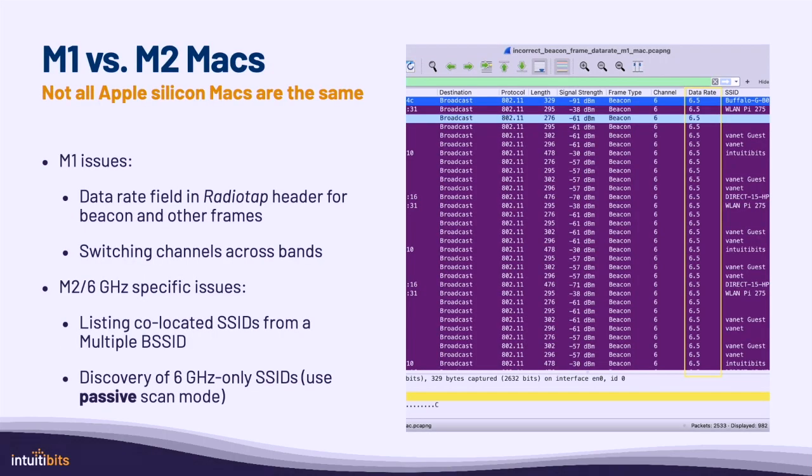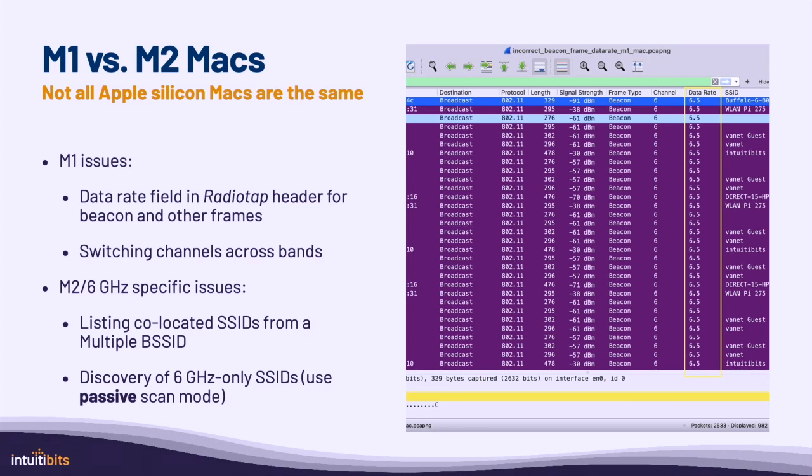Another thing I wanted to mention is that with the first generation of Apple Silicon Macs, there was a bunch of issues in terms of scanning and capturing. Like, for example, data rates in the radio tab headers were missing. So you would get, in the screenshot there, you can see 6.5 data rate, which is not actually a thing, but it was just because it was missing.